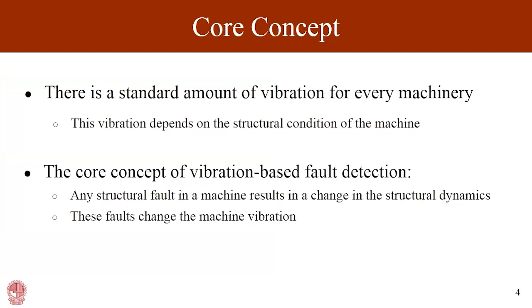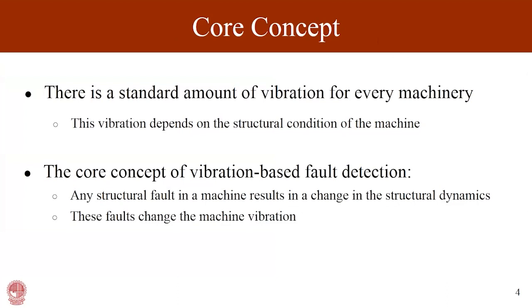Now, in our research, what we tried to do is use machine vibration to detect the machine fault. The whole concept of vibration-based fault detection systems is that if there is any fault in any kind of machinery, it brings a change into the structural dynamics of the machine.